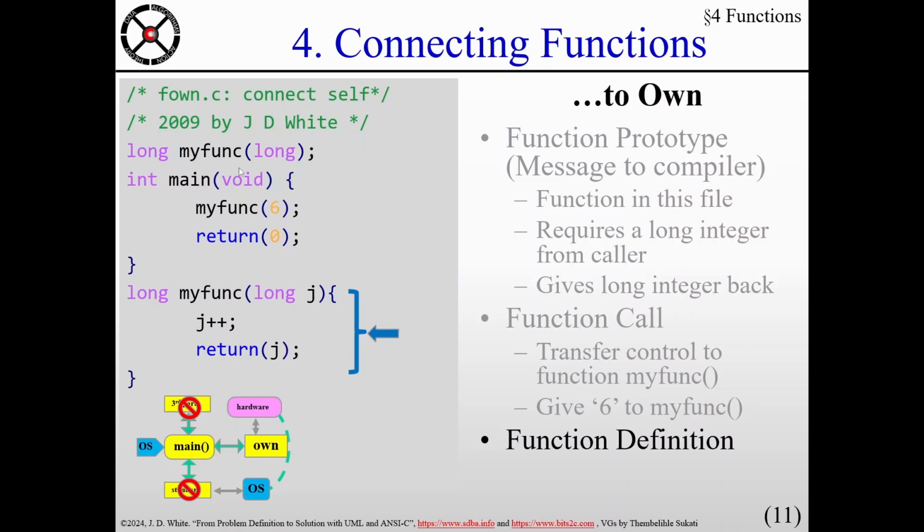So in other words, if it receives j equals 6, it adds 1 to make it 7, and then it returns the number 7 to the calling program. So there's our three parts: the prototype, the call, and the definition, all in one file. I see all three when I'm using my own functions.